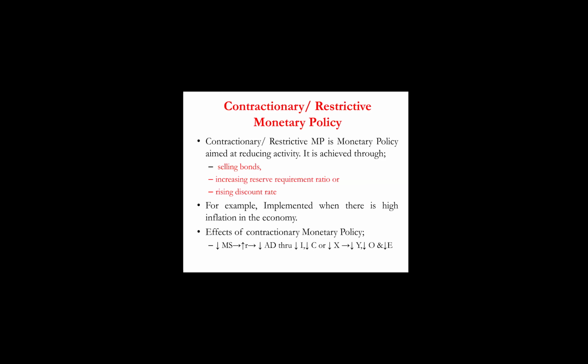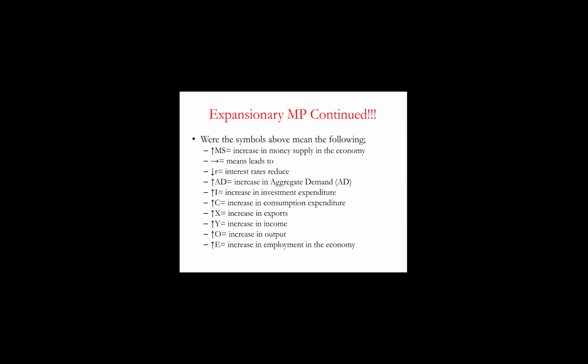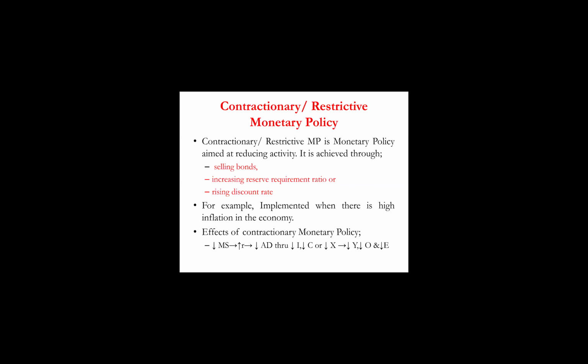You get what I mean? And also employment will reduce. So the contractionary or restrictive monetary policy reduces money supply. And as monetarists, we believe that when money supply is reduced, the interest rates will increase, then aggregate demand will reduce, investments will reduce, and that's true, because investments are from loans that people get now.